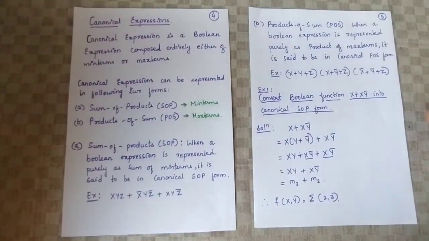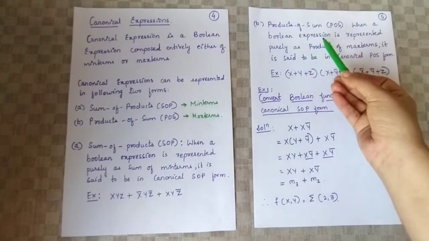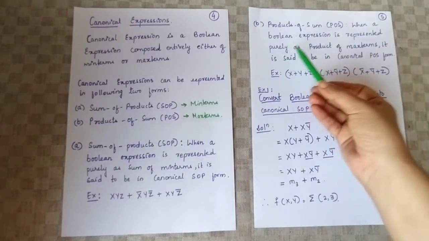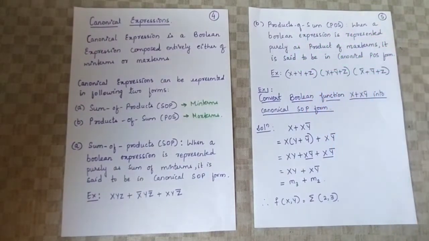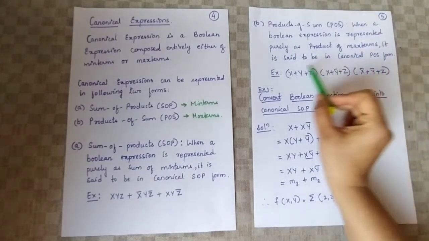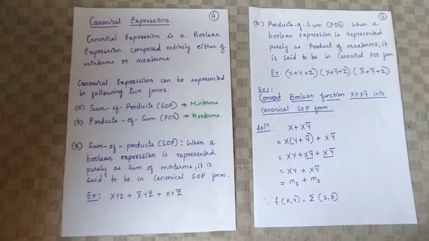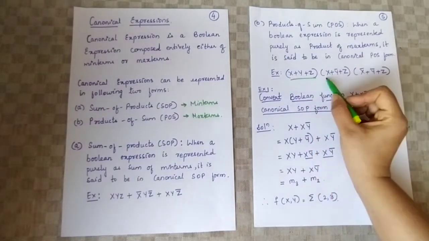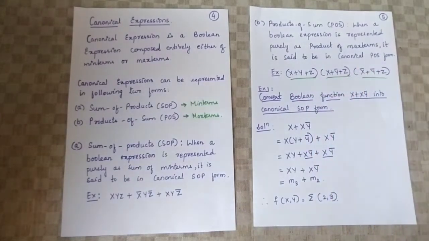Okay. Now let's see what is product of sum form. It says when a Boolean expression is represented purely as product of max terms. So now let us first take this example. In this entire example, if you observe, there are three literals, again x, y, z. And you just see these three terms. In all the three terms, you find all the three literals present in the expression.